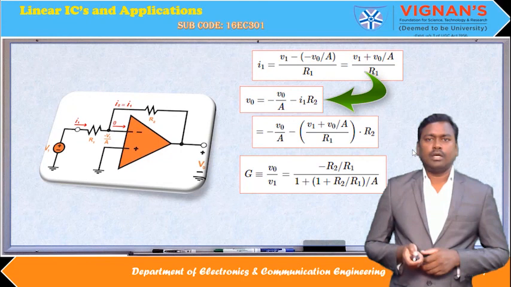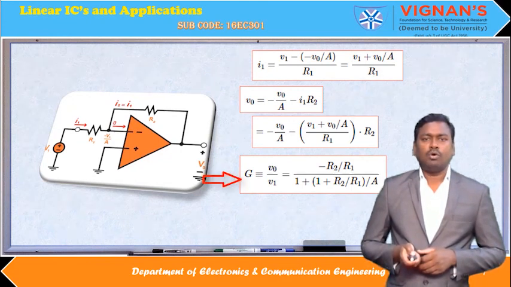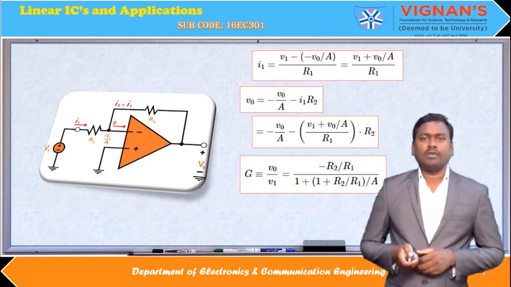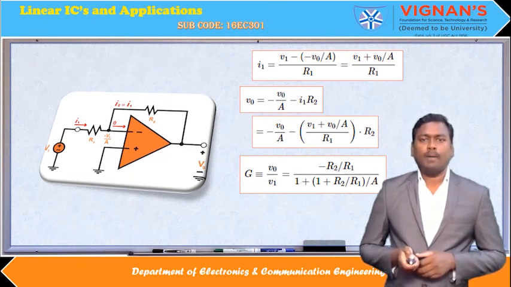So substitute I1 current equation in this equation. So the final overall gain of inverting amplifier is minus R2 by R1 divided by 1 plus R2 by R1 by A, where A is open loop gain of op-amp.